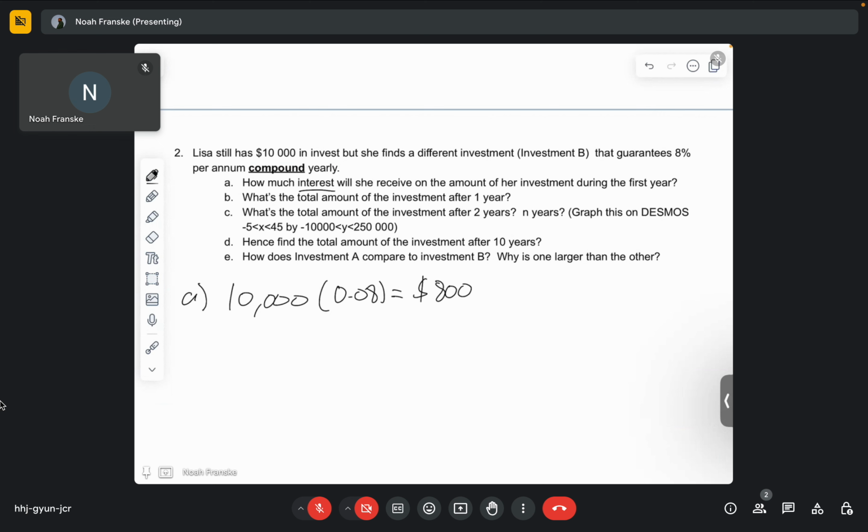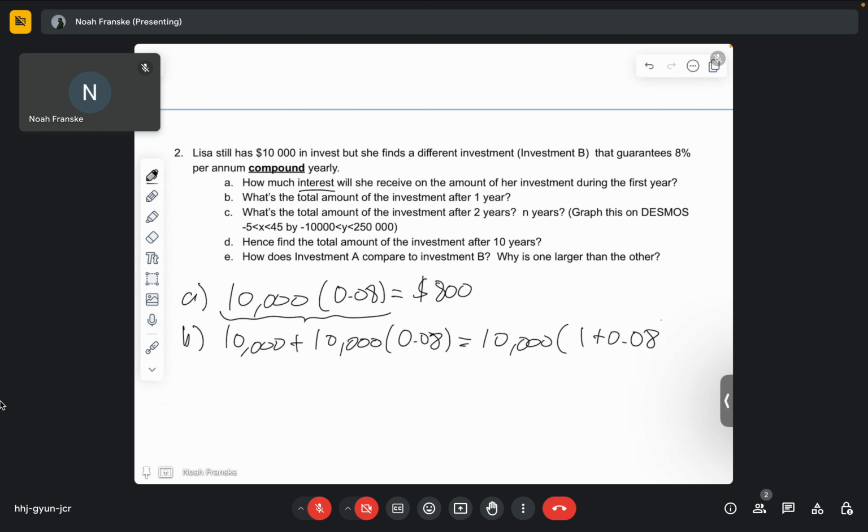And that means that the amount of the investment after 1 year is $10,000 plus what we just did here. And I'm going to write it that way for a specific reason. So we know it's 800, but I'm going to write it this way, $10,000 times 0.08. We can factor out the 10,000, so it's 10,000 times 1 plus 0.08.